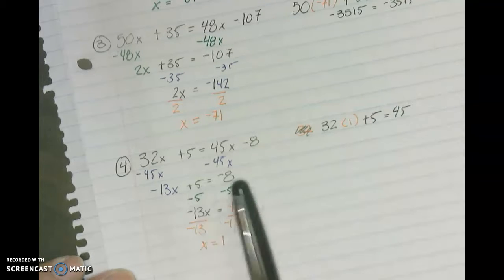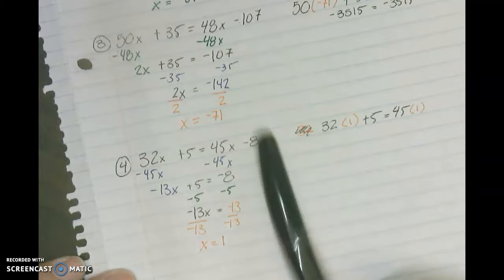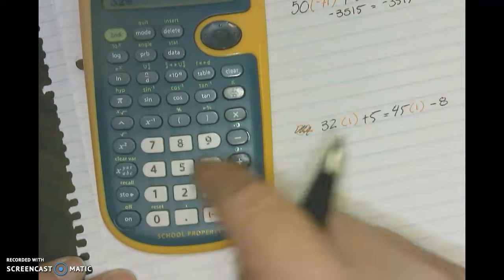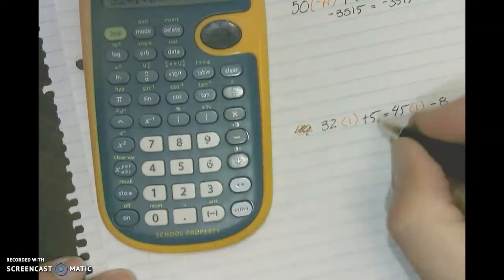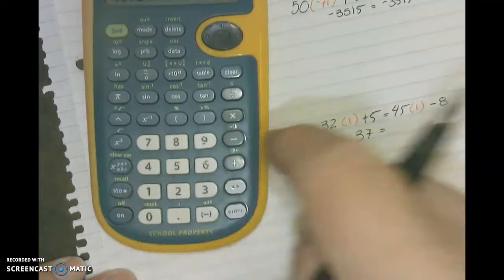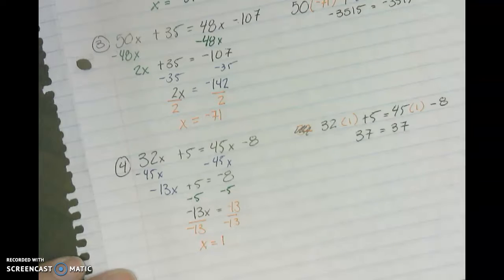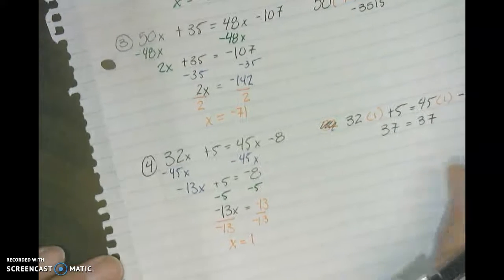Anywhere there's an x, we're going to put what our answer was, and then we're going to come across and say minus 8. So 32 times 1 plus 5 gives me 37. 45 times 1 minus 8 also gives me 37. So I know that I'm doing just fine.